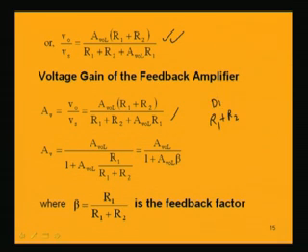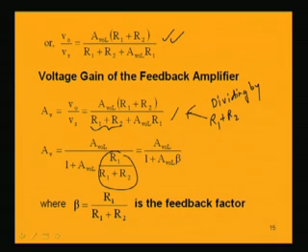So, dividing by R1 plus R2, we get in the numerator AVOL free of R1 plus R2, and in the denominator this part will be 1 plus AVOL into R1 by R1 plus R2. Now, this R1 by R1 plus R2 is given a name beta, and this is known as feedback factor.